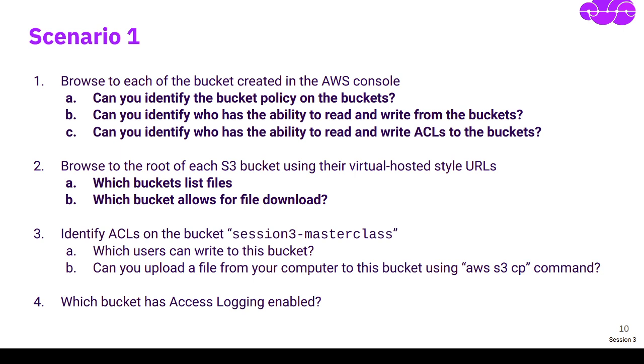Are you folks trying this? Just browse to the root of the bucket using the HTTP URL and tell me which bucket lists objects, right? And as I said, not all buckets that list objects would allow the object to be downloaded, right? So tell me which ones allow you to download as well.